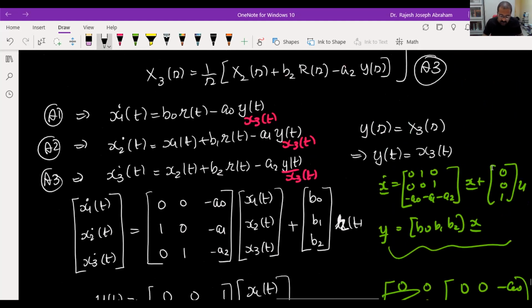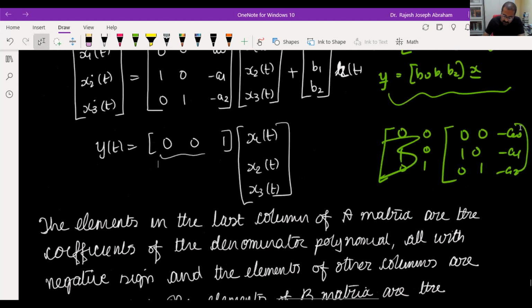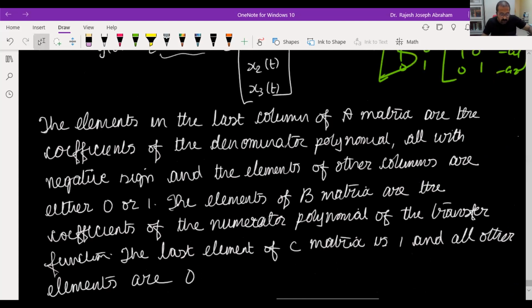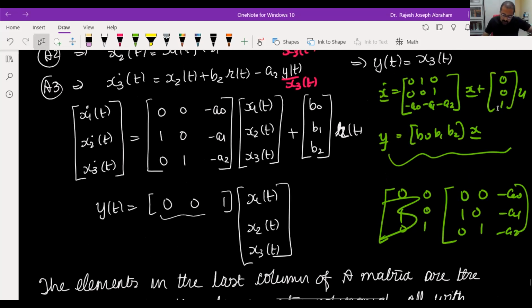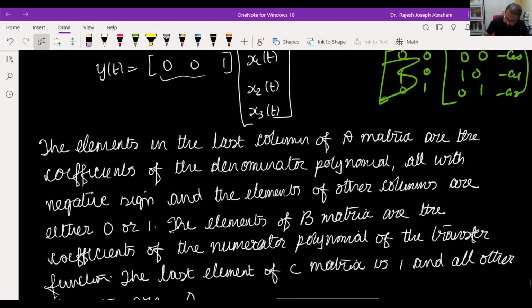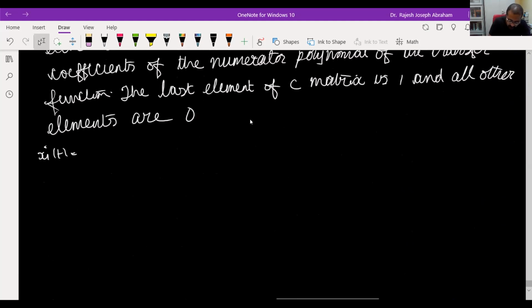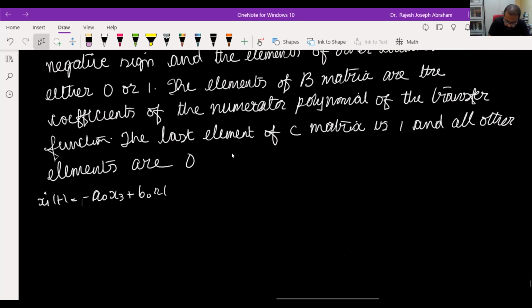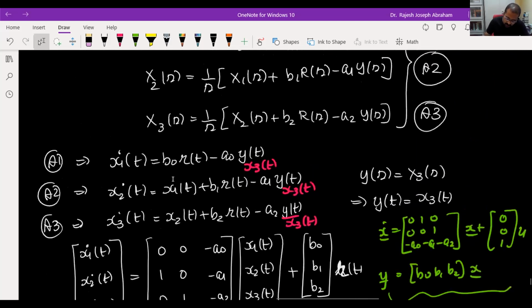Let me write these equations here for my reference. x1 dot equals minus a naught x3 plus b naught r of t. x2 dot will be x1 minus a1 x3 plus b1 r.